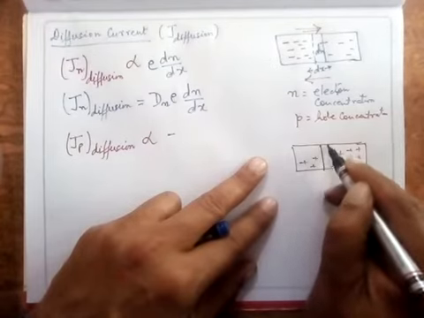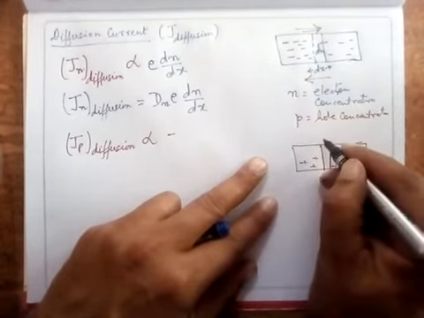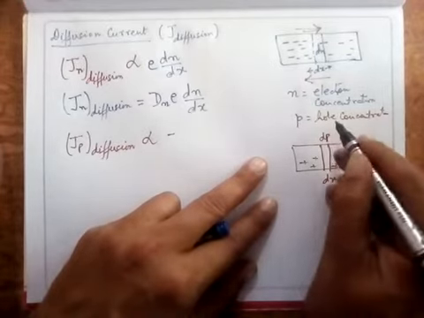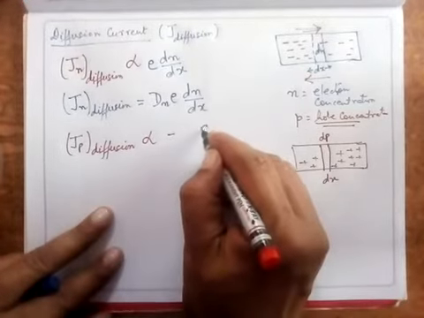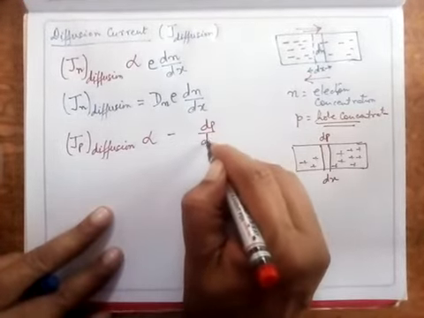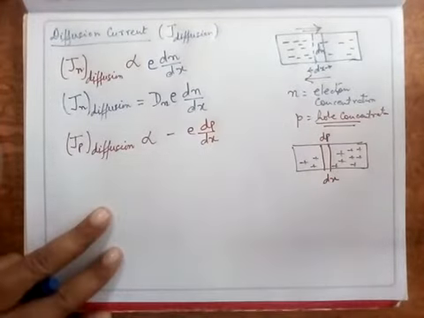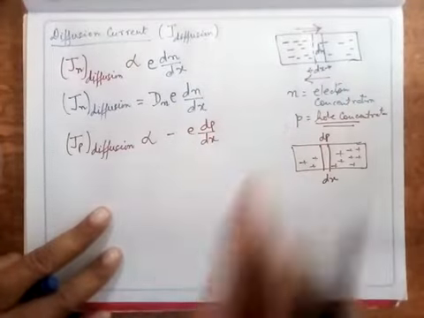Again I assume that if this small distance is dx, the change in charge in this small region dx is dp, where p is the hole concentration. So it is directly proportional to dp upon dx, and e dp upon dx, where e is the charge of an electron. I hope this is clear to you. If electrons are flowing in this direction, apparently the holes will flow in this direction.